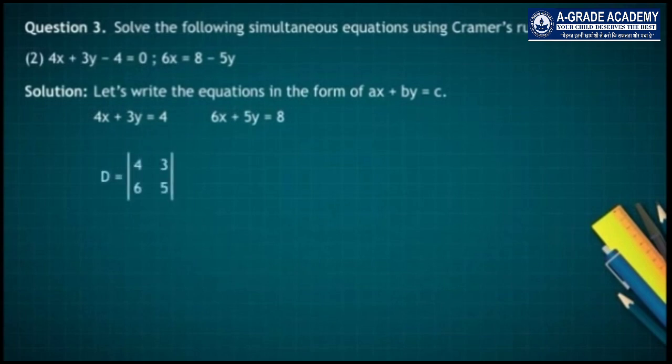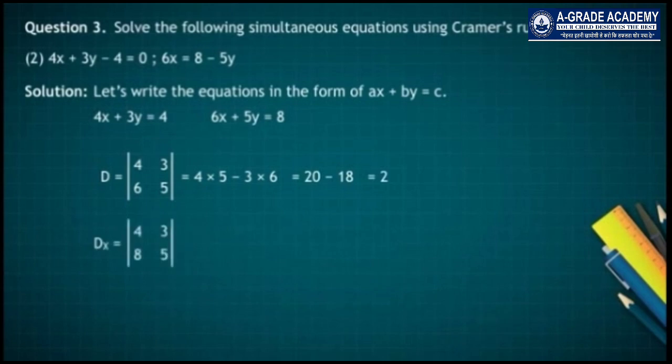Determinant D is equal to |4 3; 6 5|, which is equal to 4 into 5 minus 3 into 6, which is equal to 20 minus 18, which is equal to 2.